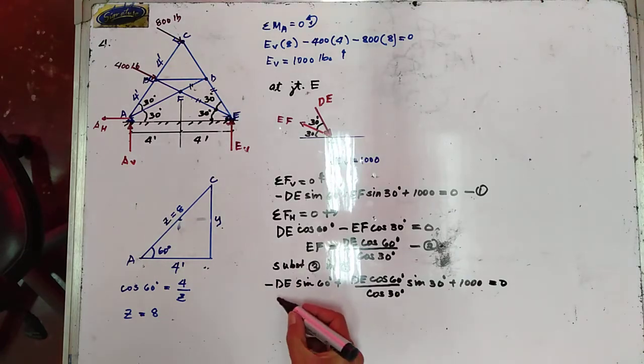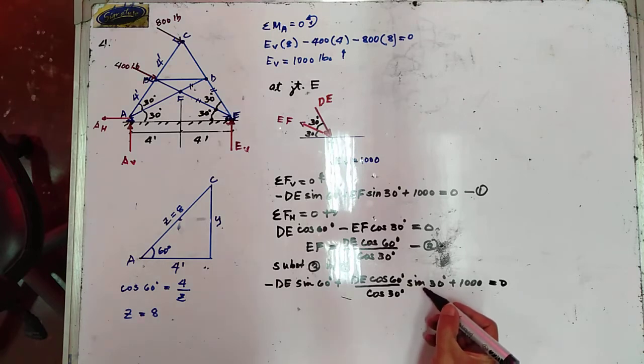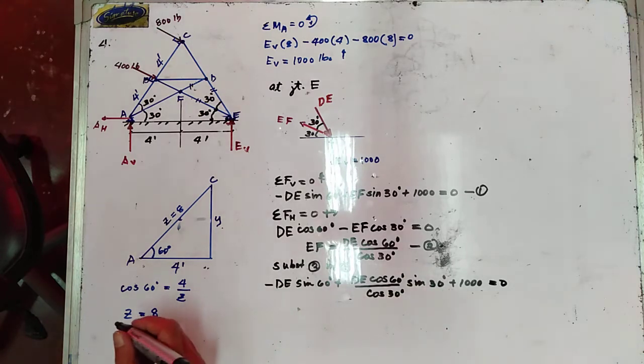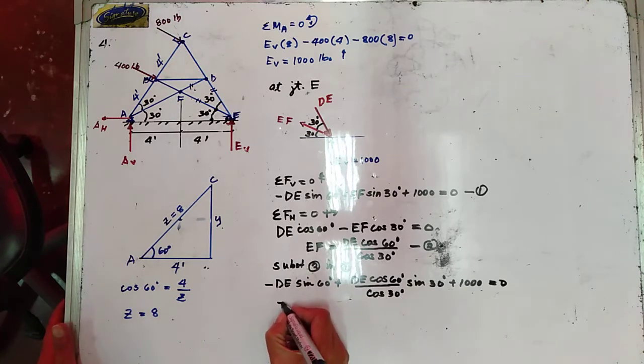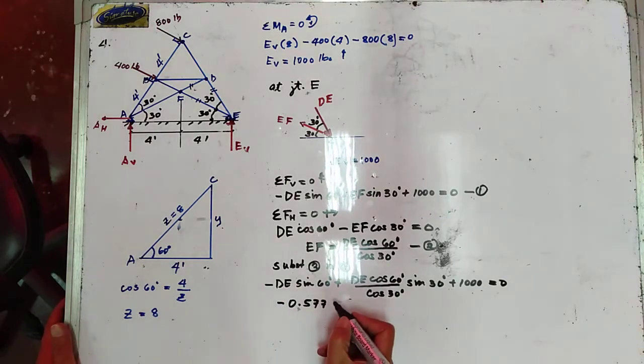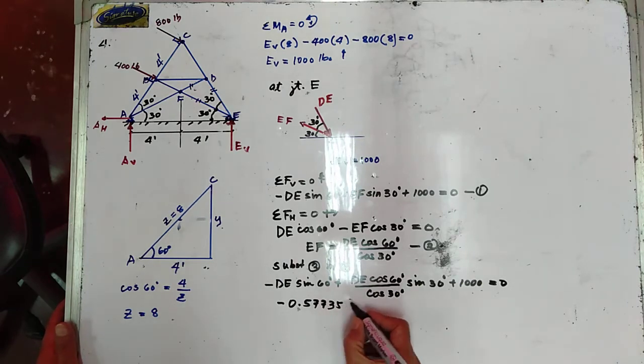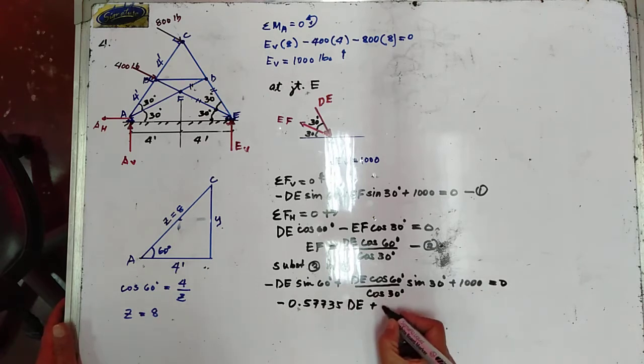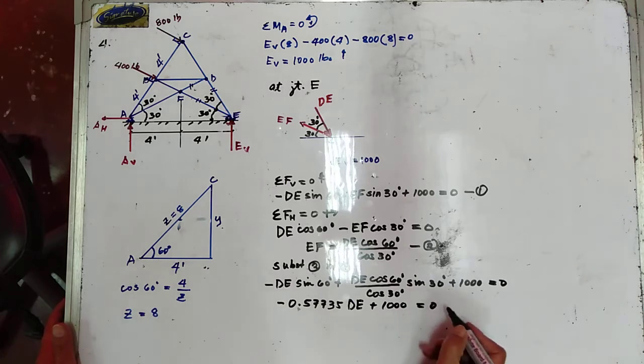Hence, you get the algebraic sum of the first two terms, and that is equal to negative 0.57735 DE plus 1,000 is now equal to 0.